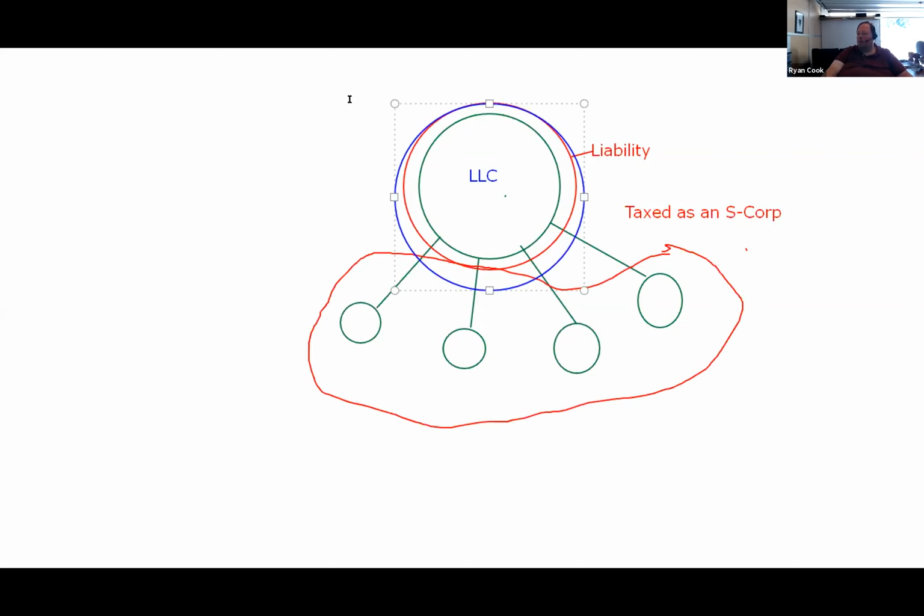If there is a loss, it remains just here. Does that make sense? It doesn't pass through to the owners. If there's a loss, it only stays with the members who are part of the LLC.